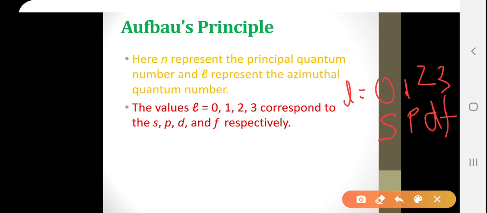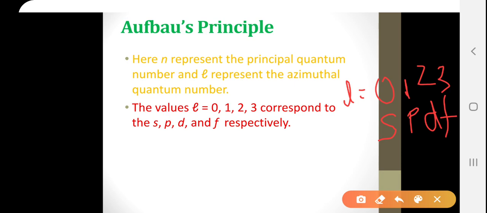So what is the first rule? The electron enters the orbital with the lower n plus l value.